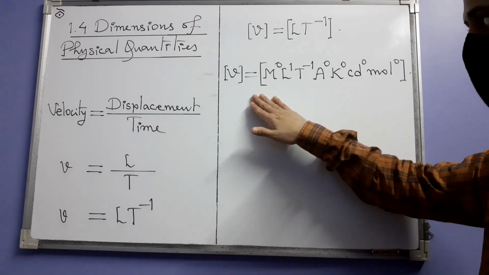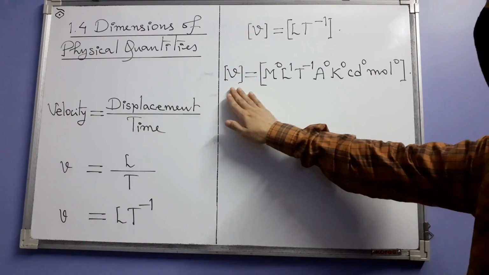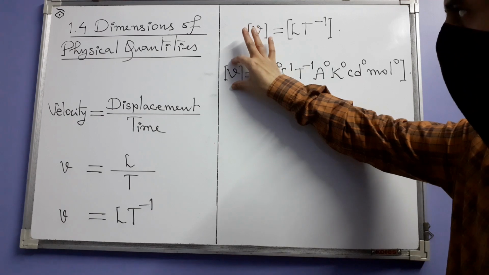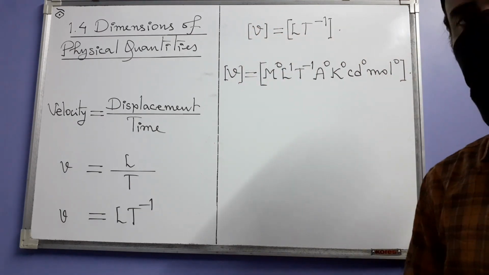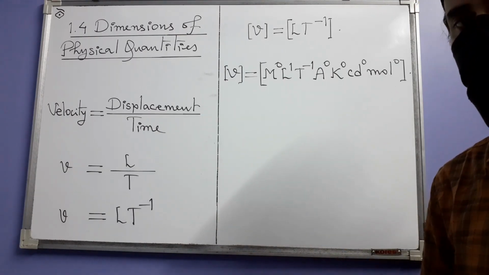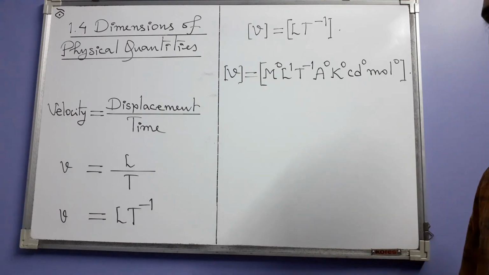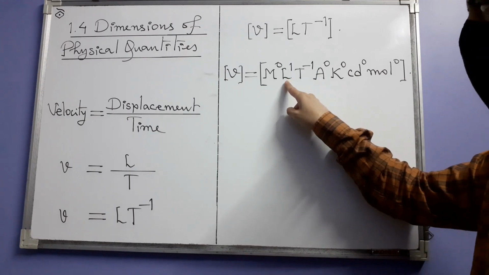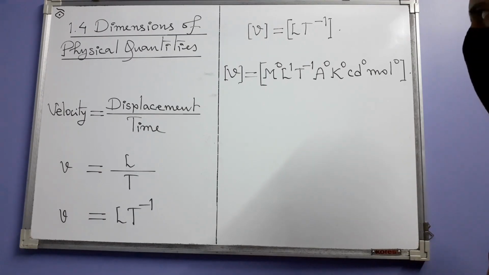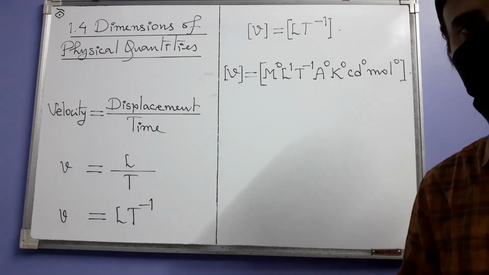Now you can interpret this equation like this. First of all, how do you read this equation? You read it like this: the dimension of velocity is this expression, not these exponents, okay? This entire expression is the dimension of the derived quantity velocity. In this expression, the contribution of length is 1, the contribution of time is -1, and the contributions of the other base units are all 0.